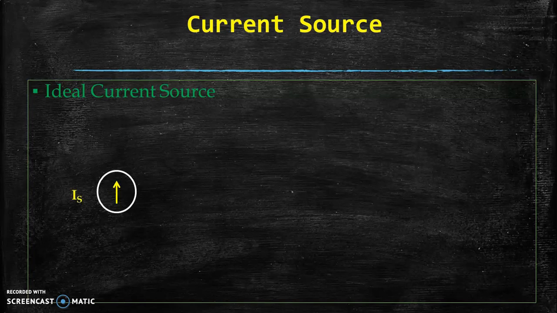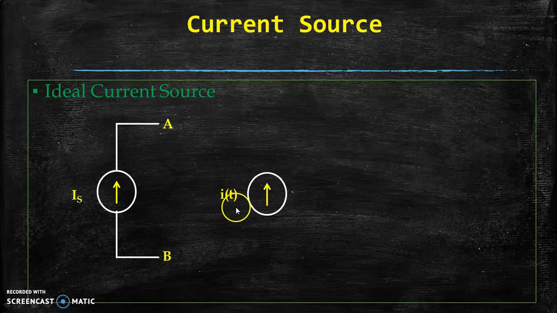It can be a DC current source, it can be an AC current source, and it is taken to the terminals A and B. In the same way we have AC current source. We indicate it with the instantaneous value of the current, and current is taken to the terminals.